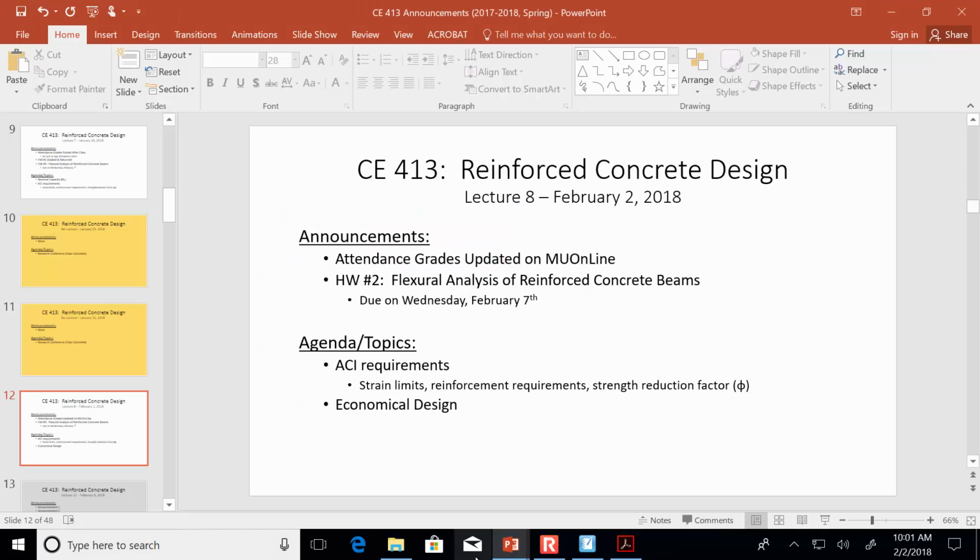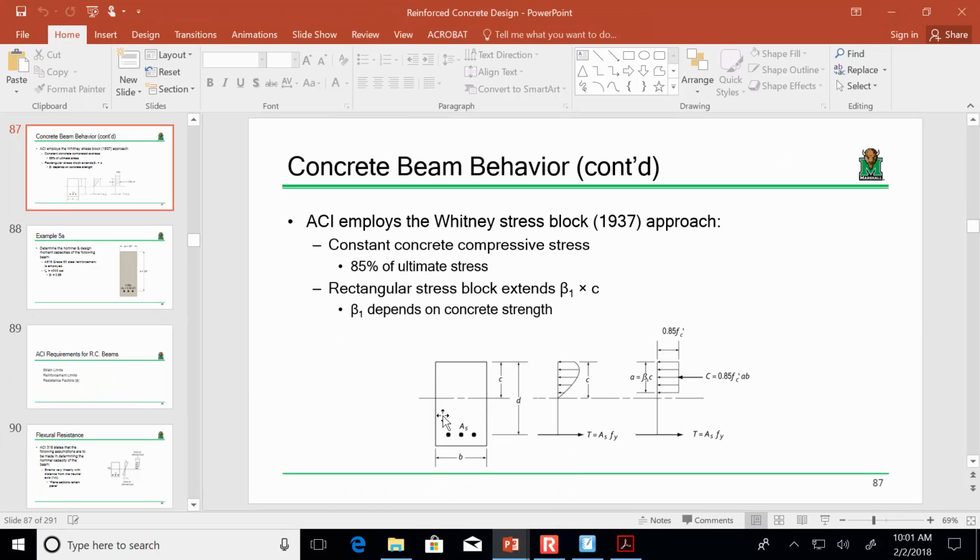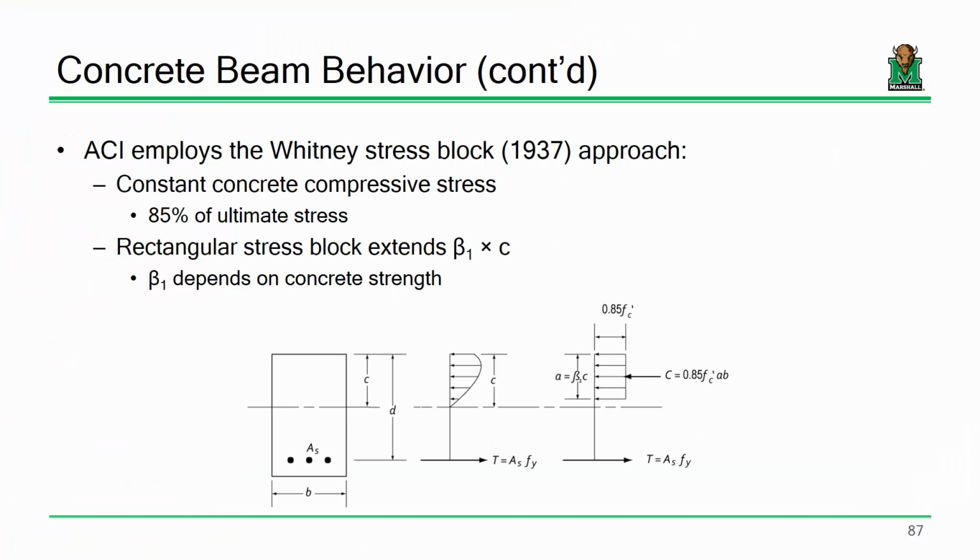So today what we're going to do is this. Let me pull the slides back up from before we left. This was the last thing that we discussed before we had our little break, and that was the concept of a Whitney stress block, the idea that if you're trying to ascertain the maximum flexural capacity of a beam, we take that nonlinear stress distribution and we idealize it as that rectangular stress block.